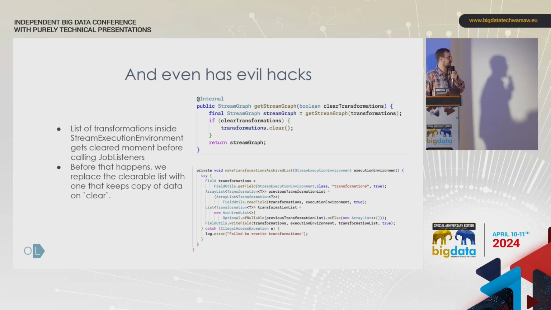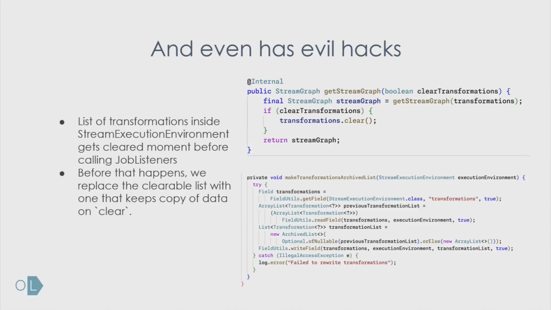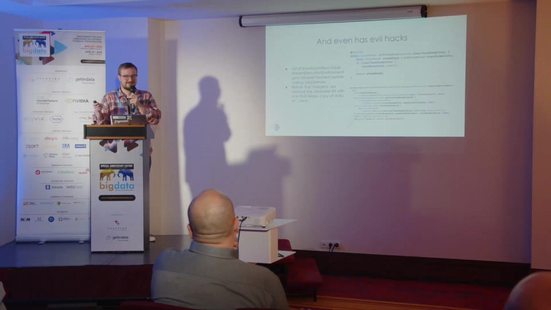When you start a job, the code that translates what you wrote in the Flink job code is translated to an internal Flink structure called the StreamGraph, but then it clears the transformations that had occurred, and then it calls the listener, right?